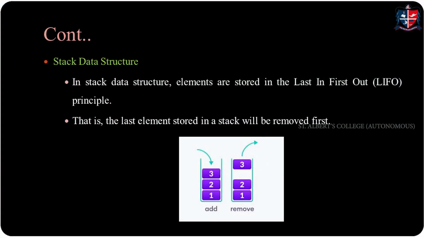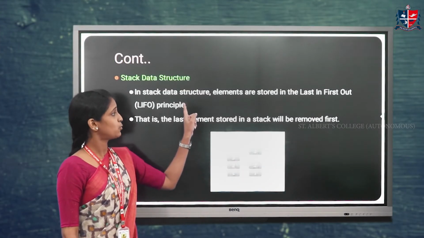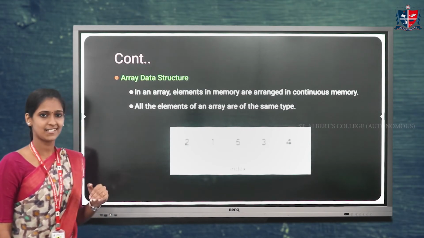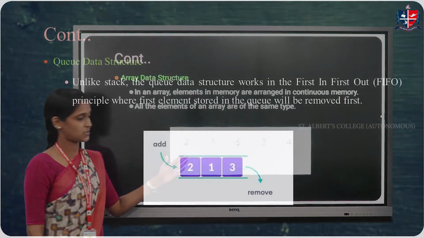There is one side for the insertion and deletion operations, which is the top of the stack. Here 3 is the top of the stack, so 3 will be removed first. Then 2 will be removed, and only then 1. That is, it works on the principle of last in, first out. The element that comes last will be removed first from the data structure.